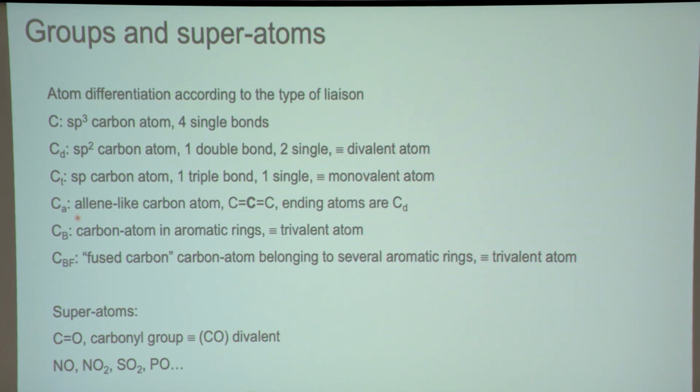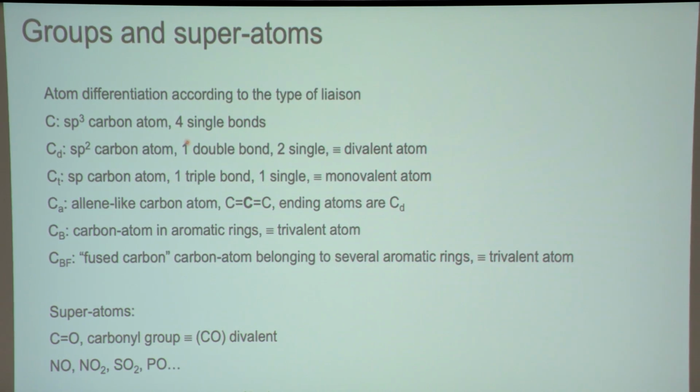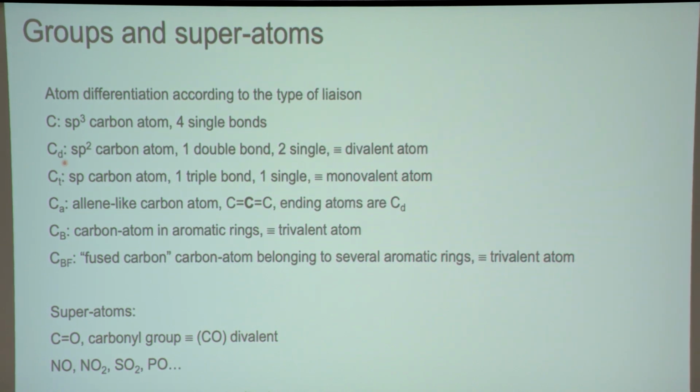So even Sidney Benson, in his book, documented different types of carbon atoms. So carbon bonded to single bonded carbon atoms, carbon with a double bond, so carbon-carbon double bonds, carbon-carbon triple bonds, allylic bonds where you have two carbon atoms bonded together by double bonds, aromatic rings, so CB was for aromatic rings, fused aromatic rings like PAHs, and so on and so on.